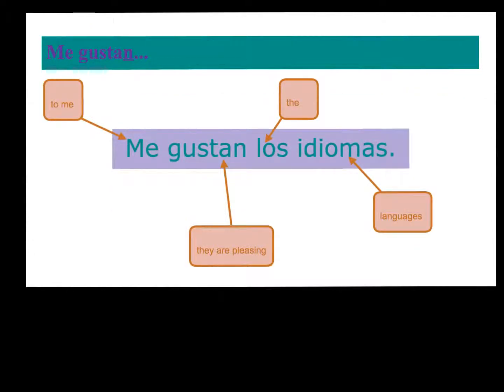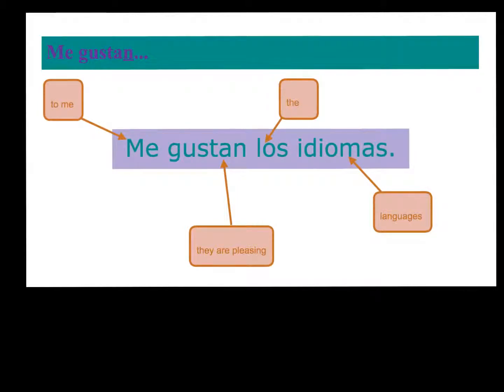If we want to put this into the plural and say that the thing that we like is plural, los idiomas, languages, rather than el español, Spanish, we need to change the structure of the sentence accordingly. What we are saying is still literally the languages, they are pleasing to me.